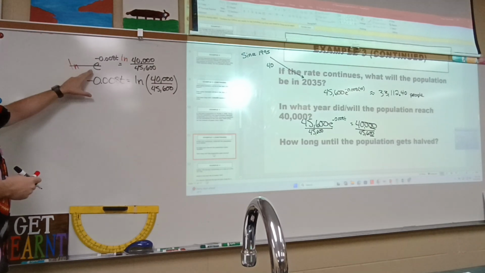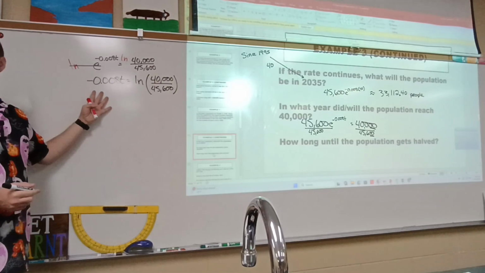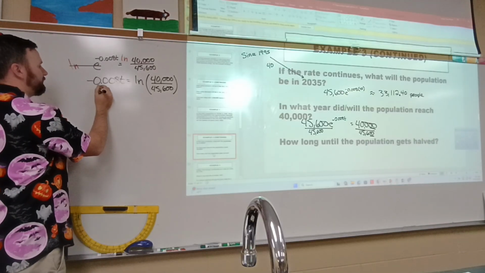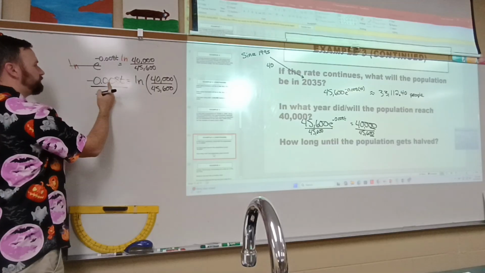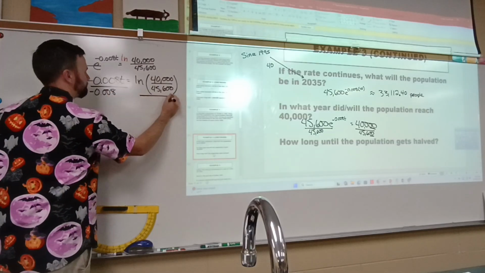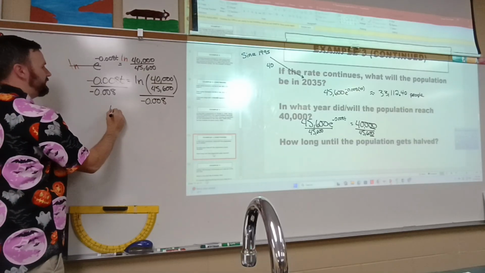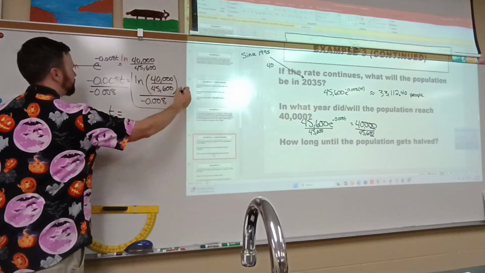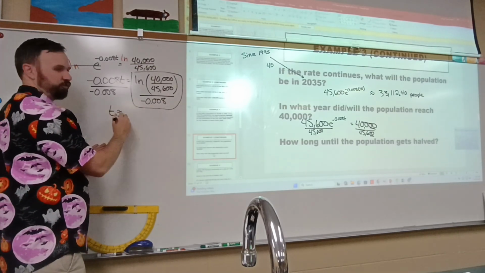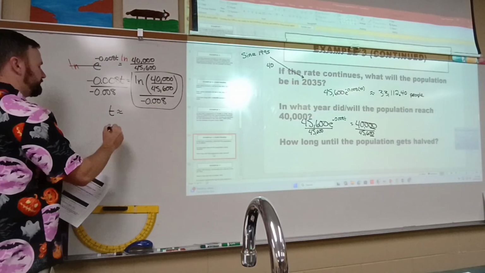Anytime I see an e to the power, natural log it. This one I don't have to do anything with logs on both sides, and it just cancels. So now what do I do to both sides to get rid of that negative 0.008? That's just times, right? What's the opposite of timesing? Dividing. So I get t equals, that's just a mess to plug in. What did you guys get approximately if you rounded? I like it, 16.38.